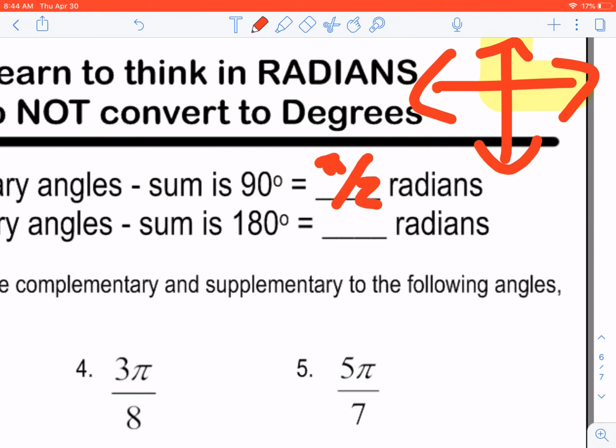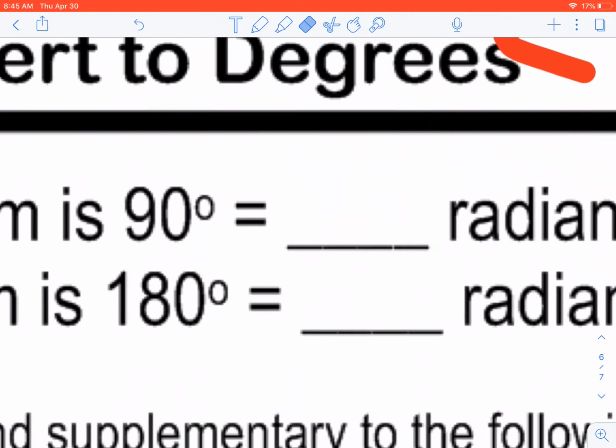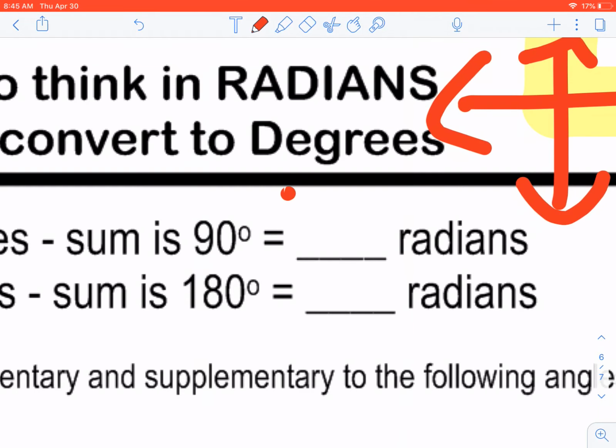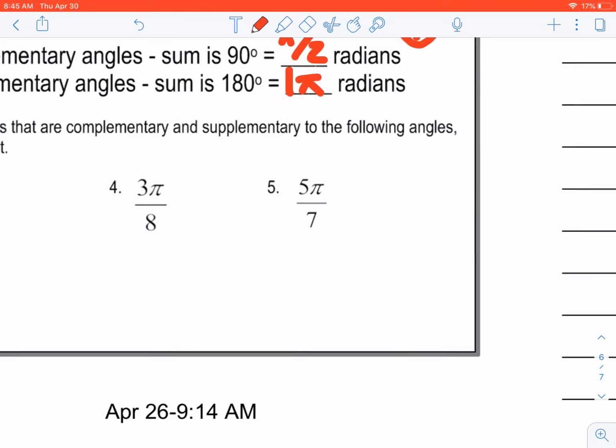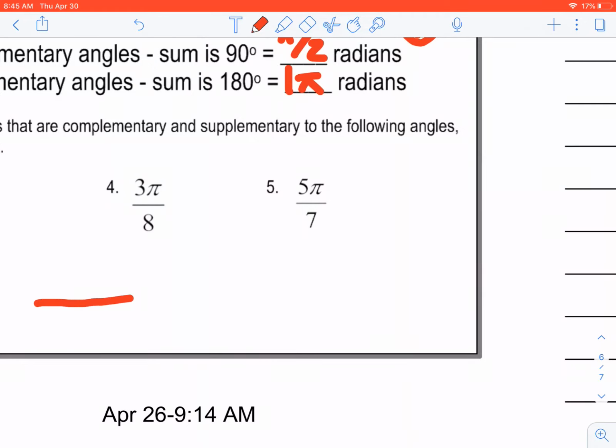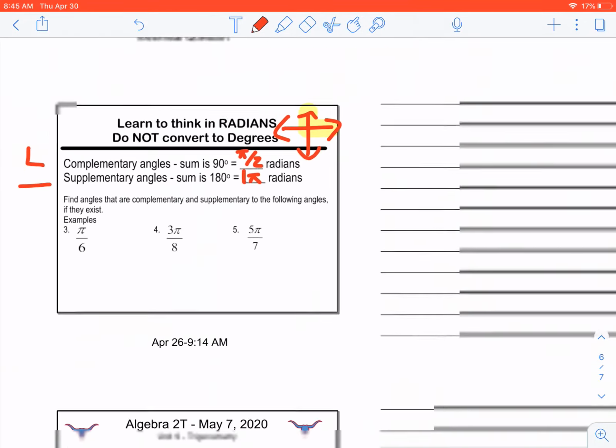So I'm going to write that a little easier for you guys to see it. This is going to be pi over 2, and this is going to be 1 pi. So instead of getting them to 180 and 90, we're going to get them to pi over 2 and 1 pi, if they exist.